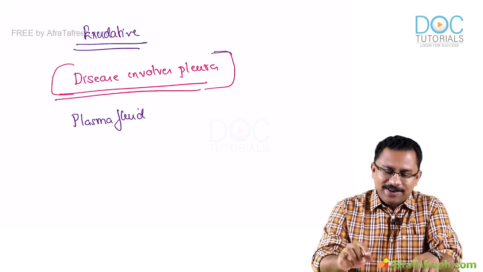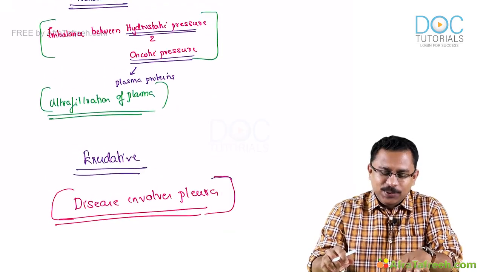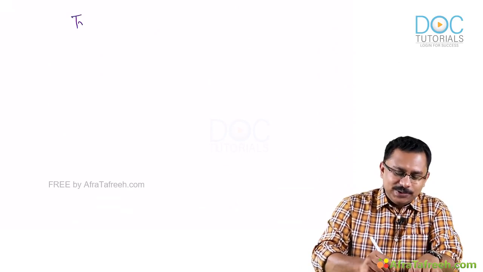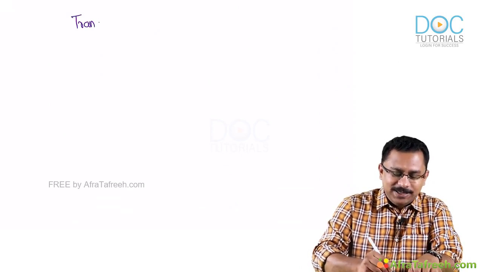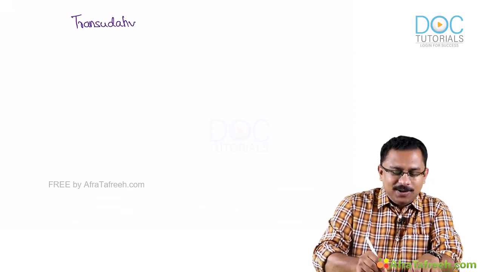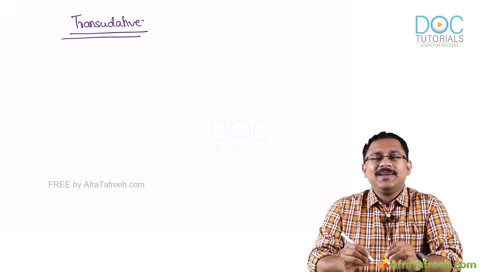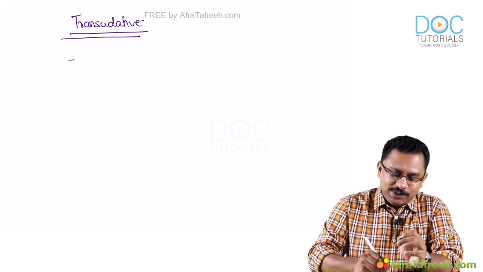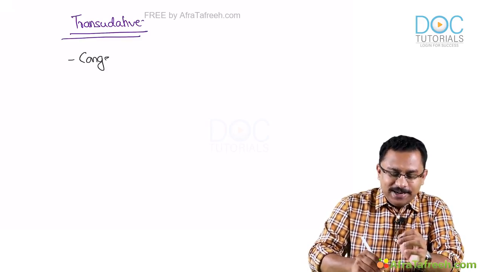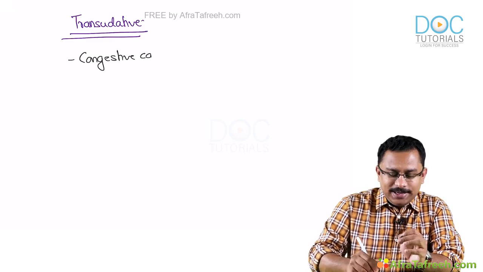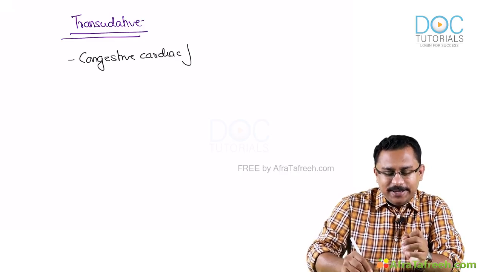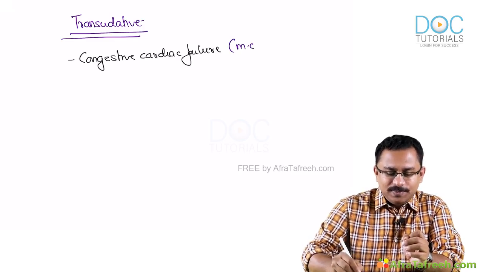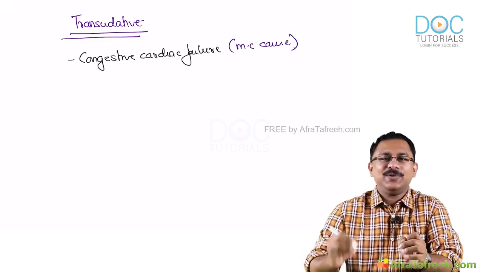Very simple, because I have already told you, transudative effusion means it is a generalized problem. So there is some problem in the pressure dynamics. So what are the likely causes? Remember, the most common cause of a transudative pleural effusion is congestive cardiac failure.